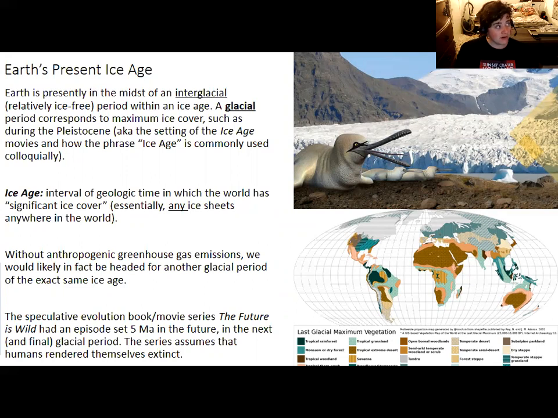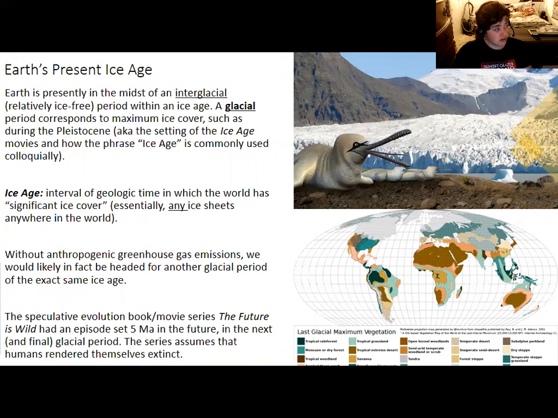We still have ice, but the ice is at a small extent of its potential maximum. As I hope this diagram indicates, much of the land in the northern hemisphere that is now sort of temperate woodlands and conifer forests was completely covered in continental glaciers, in ice sheets.